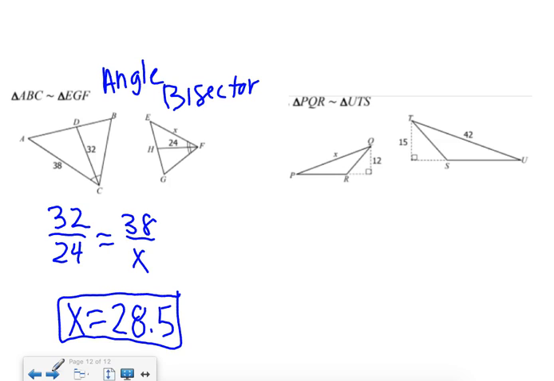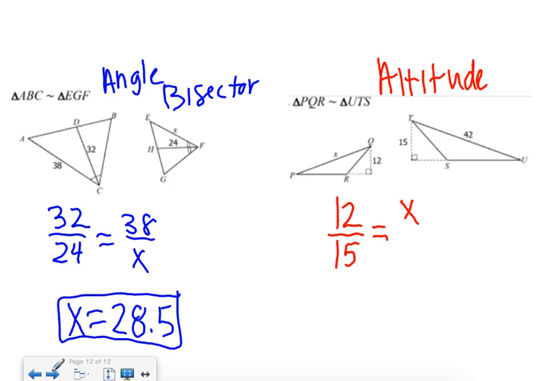Okay, what's our last one? This one looks kind of goofy. What do you guys think? Look at the right angle. What's that telling us? Altitude. Even though it falls on the outside, it's still an altitude. So we can write 12 over 15 equals x over 42. All right.